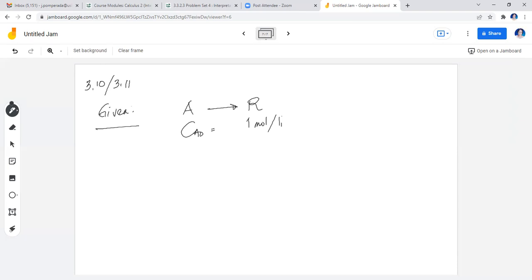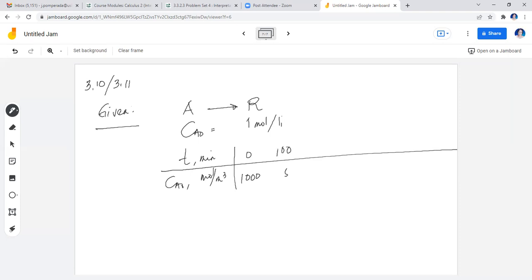It's a reaction of A forming R, and you are given this pair of T in minutes and CA in mole per cubic meter. So you have to be very careful in instances like this wherein the given unit is not the same as the empirical units used for your data.